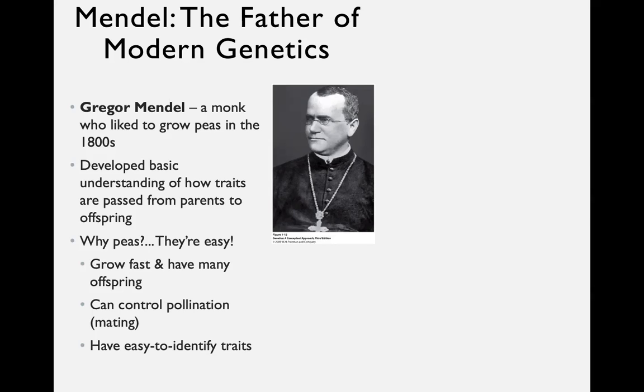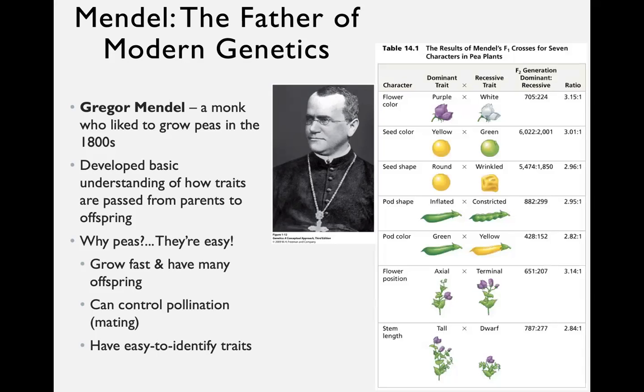And they also have easy to identify traits. So with these pea plants in particular, he looked at flower color, seed shape. All of these things are easy to see with the naked eye. You don't need a microscope or any kind of special equipment. You can easily determine these different traits.